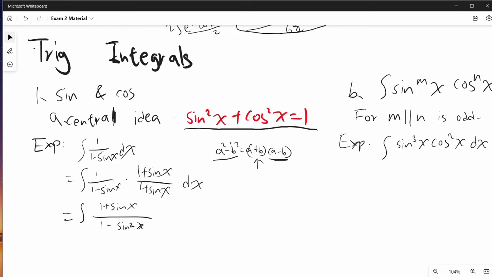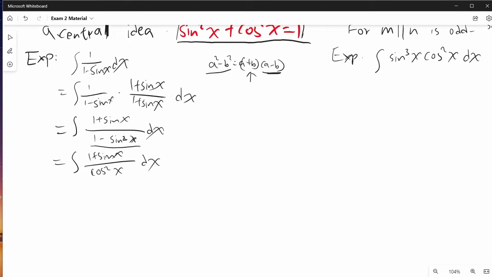And if you rearrange this trig identity, if I subtract sine squared x on both sides, then we get cosine squared x equals 1 minus sine squared x, which is the bottom part, dx. So then we have 1 plus sine x on top, and 1 minus sine squared x becomes cosine squared x, dx.